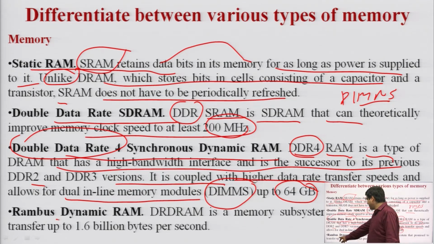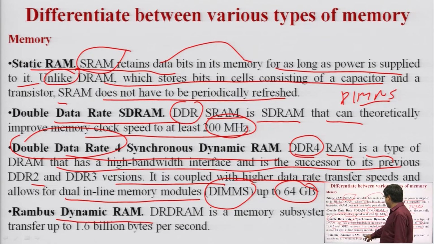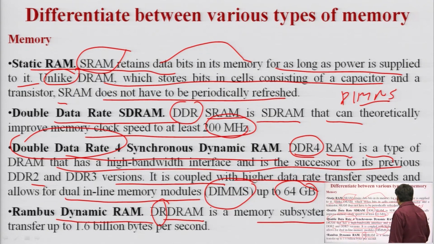After that, we have Rambus dynamic RAM, RDRAM. R means Rambus. It is a memory subsystem that promised to transfer up to 1.6 billion bytes per second, billions of data at a faster rate.